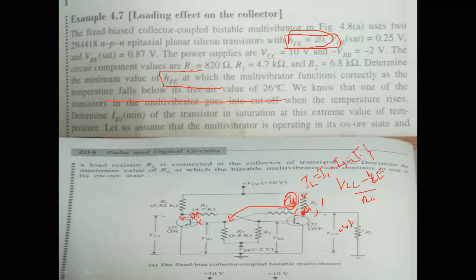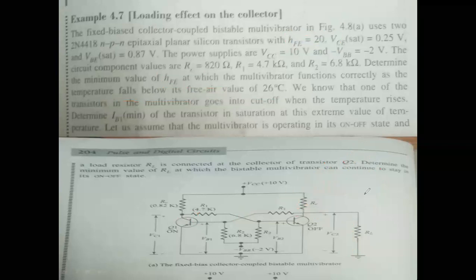Therefore, RL is VCC divided by 5.4 milliamperes, which is about 870 ohms. In this way we find the load resistance: voltage divided by current.